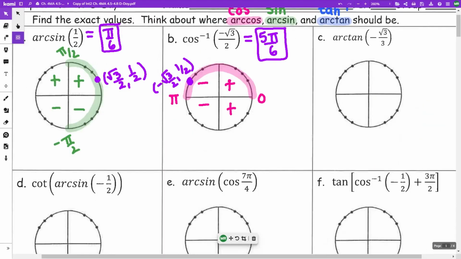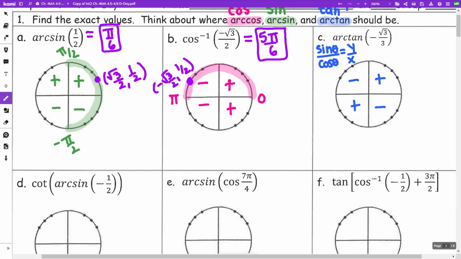Now, when I am focusing on tangent, tangent is positive in these two quadrants because the x and the y coordinates are either both positives or both negatives. Again, tangent is sine over cosine or y over x. You can think of it as slope, rise over run. And it's negative in these two quadrants because in these two quadrants, my x and my y are different signs. So when I do that division, I'm going to get a negative.